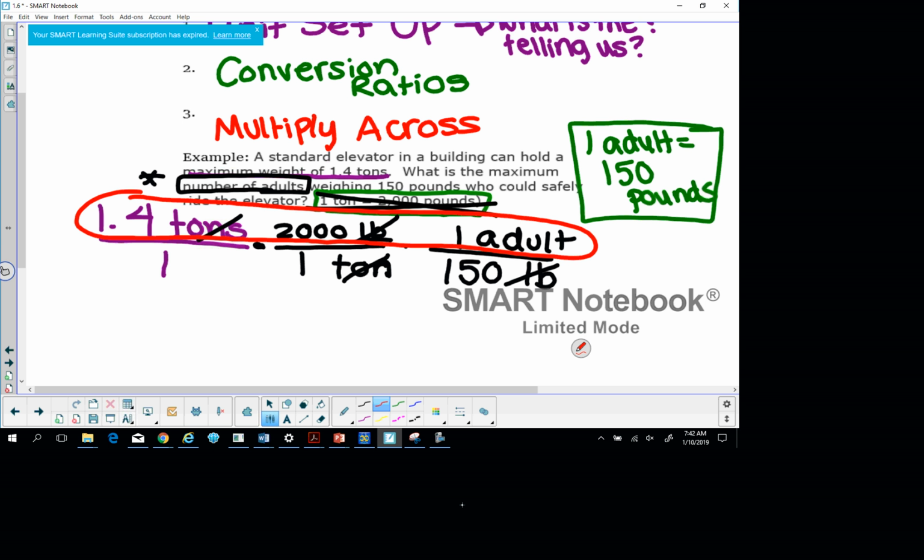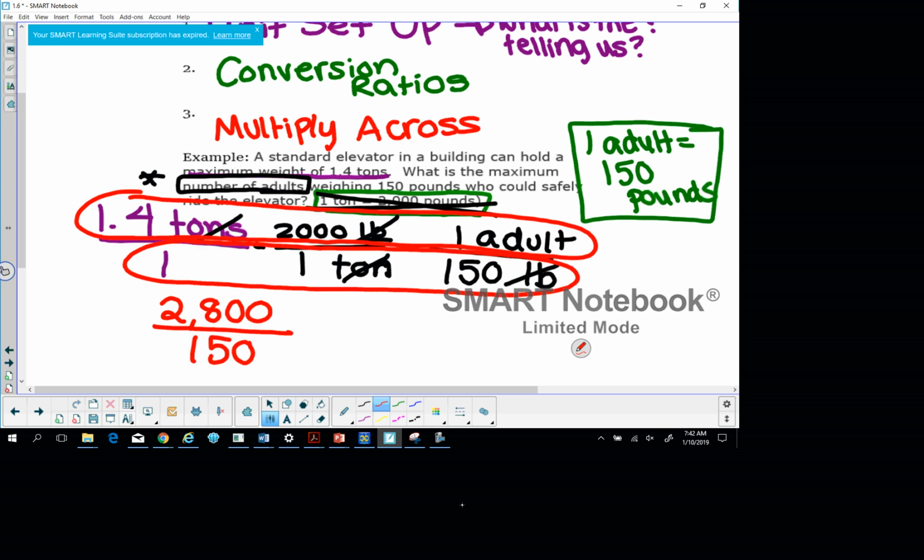You don't really need the times 1 because it's just that same number. What is it? 2,800. And then what's 1 times 1 times 150? 150. And then you just divide it. What is 2,800 divided by 150? 18.6.